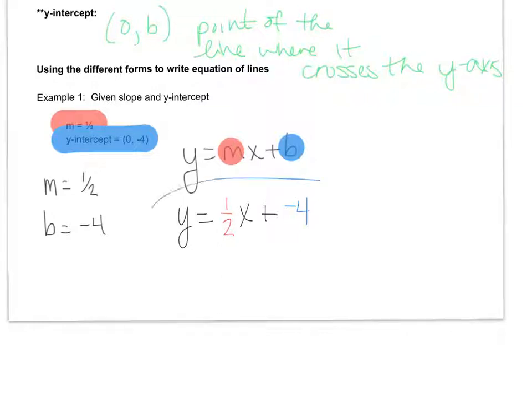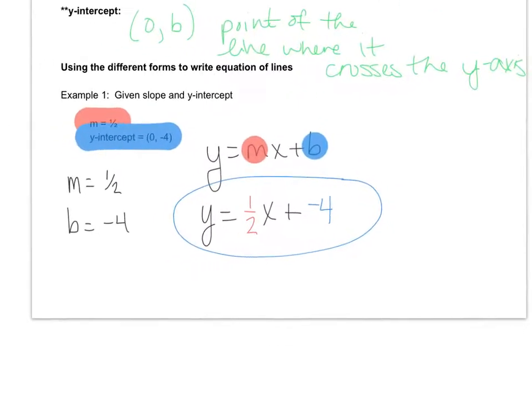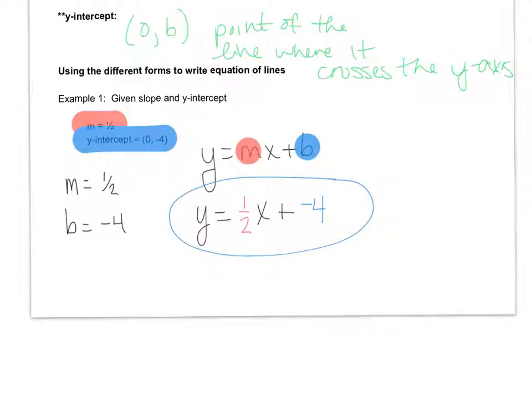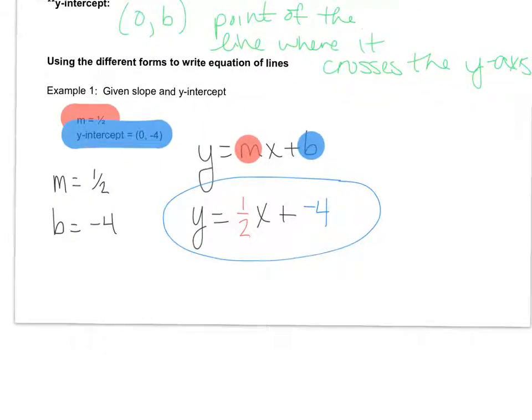And that is the equation of this line, given that slope of 1/2 and that y-intercept of negative 4. Again, this is the most basic. This is when you're given the slope and the intercept, so it's the easiest way to do it.